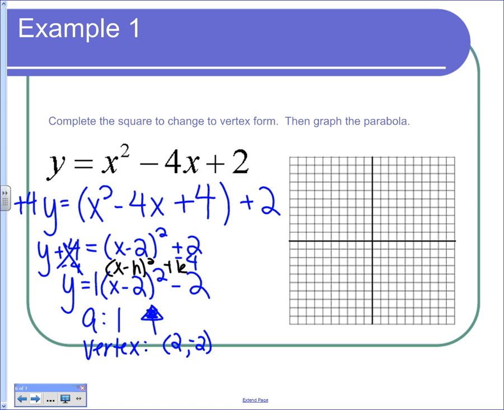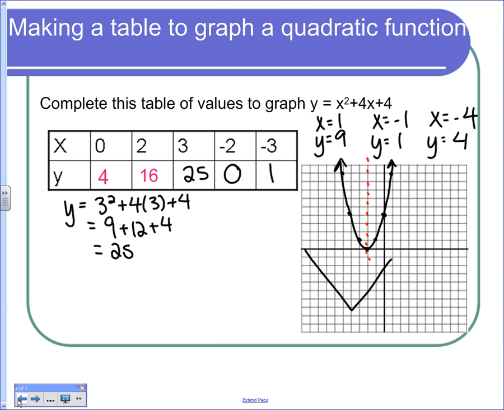Okay. I'm going to go back to this first one that we graphed. Where is my vertex on my parabola? Yeah. It's where it starts either curving back up or, if it's like this, curving back down. Okay?